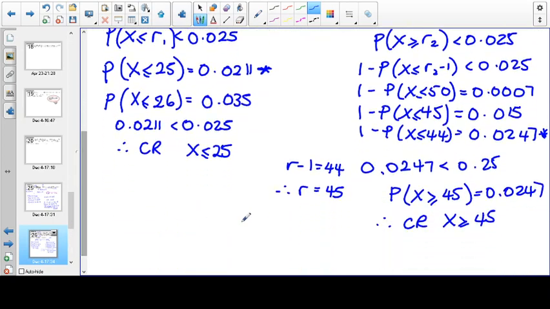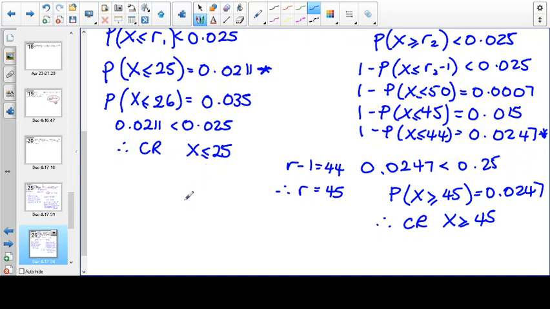If we were then given a test statistic, so let's say we found out then that she'd remembered 60 objects, then we could say that that falls in that critical region, therefore there's been a change. Or she might have remembered 10 on the next one, in which case that falls in that critical region, in which case there's been a change.